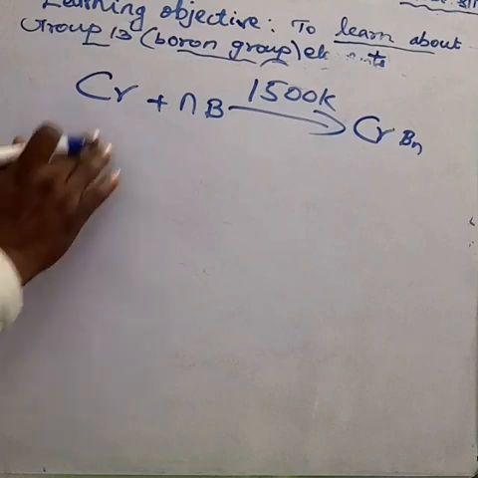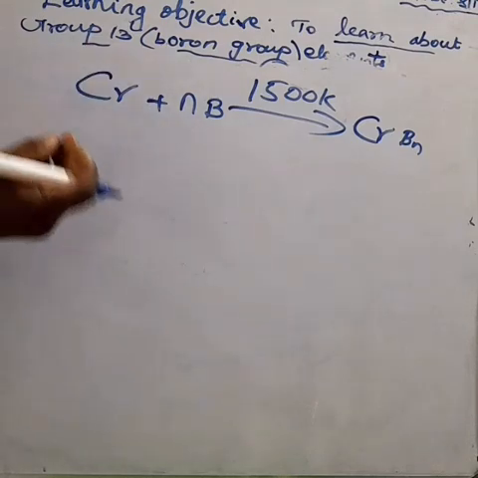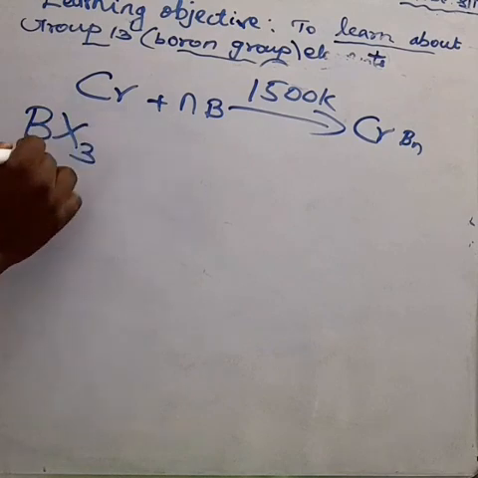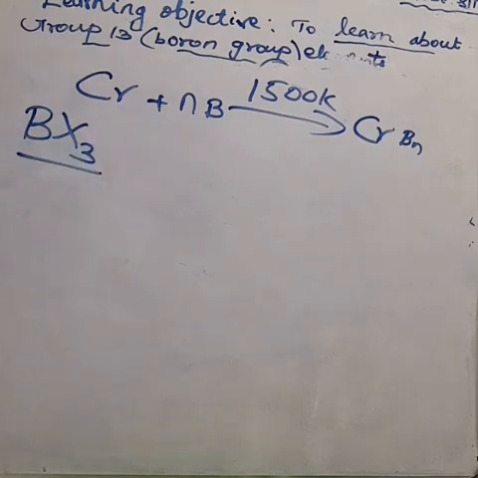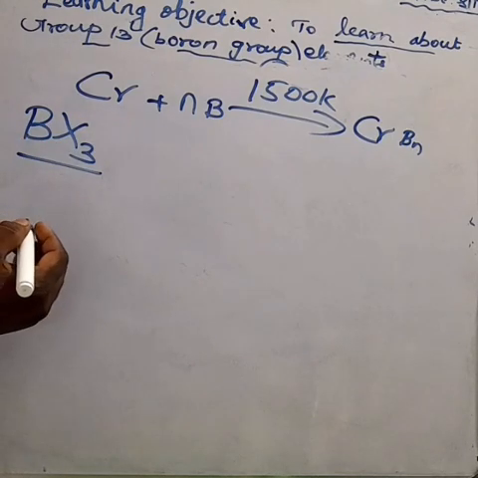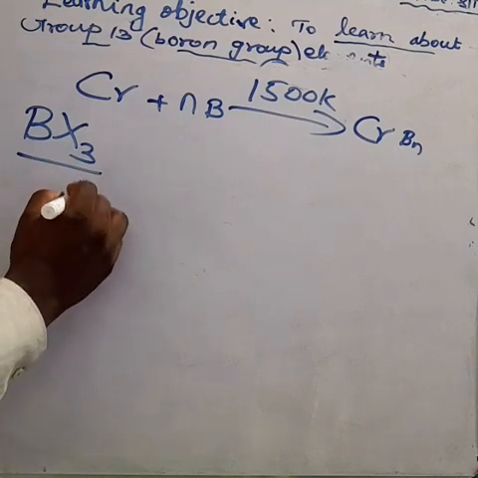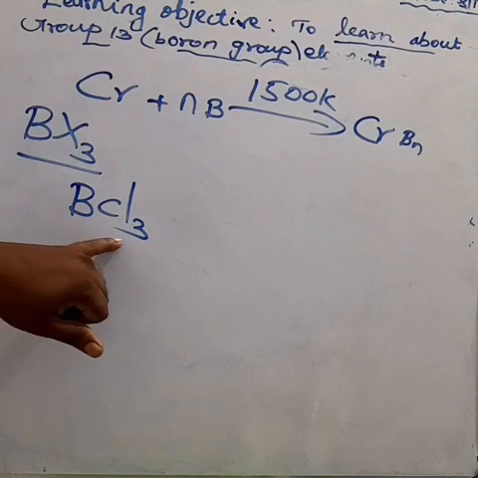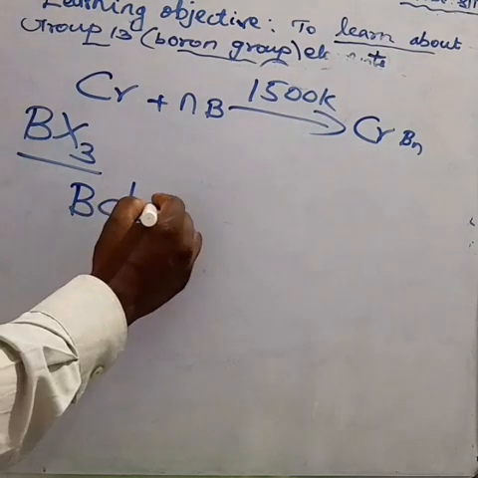Next about the reaction with boron trihalide. Here we have reduction of boron trichloride with one of the metals, that is tungsten metal.